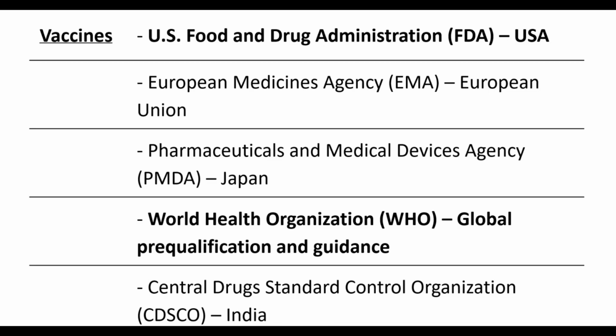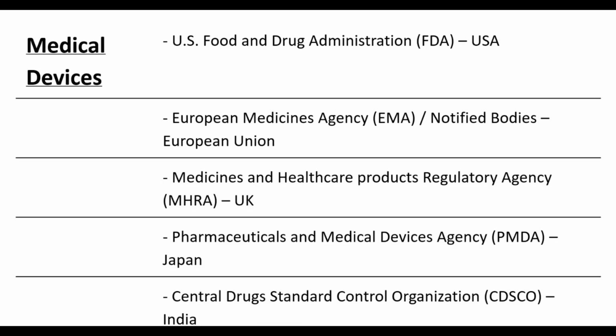There are separate guidelines by the WHO for vaccines particularly, not for medicines, not for agrochemicals, but there are some guidelines by the World Health Organization for classification and labeling of agrochemical products particularly, and even for pharmaceutical products. And the Central Drug Standard Control Organization also, because vaccines, pharmaceuticals and medical devices are regulated by the same authority in India.